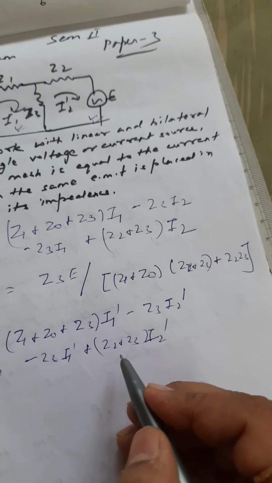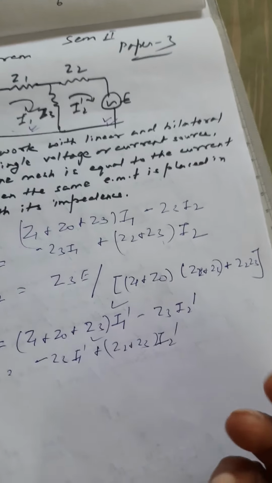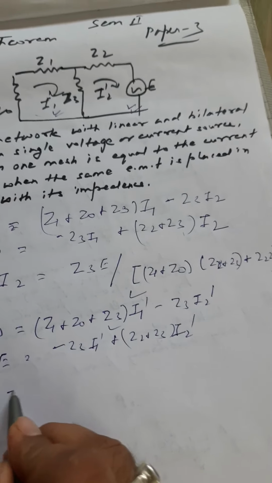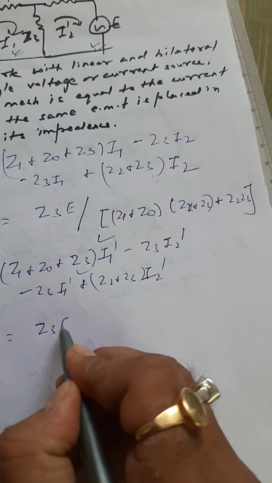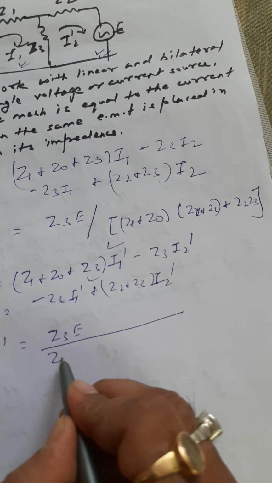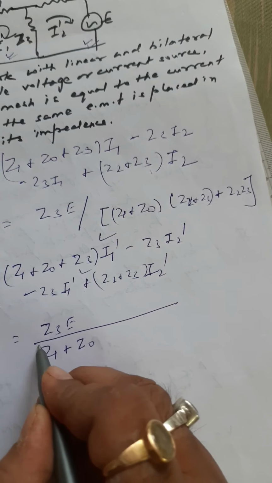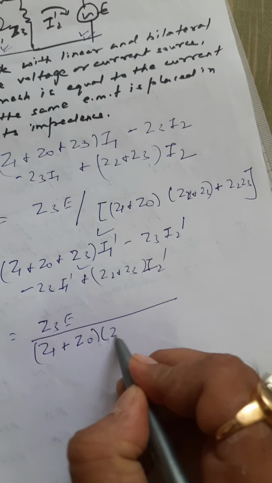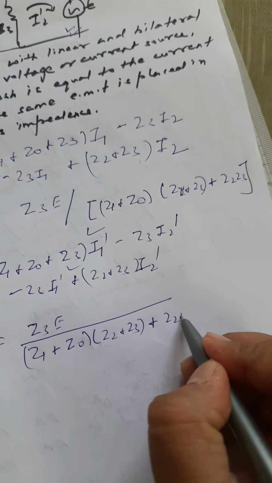Again solving for I1 prime with Maxwell's method or Cramer's rule, we get I1 prime equal to Z3 E divided by Z1 plus Z0 into Z2 plus Z3, plus Z2 Z3.